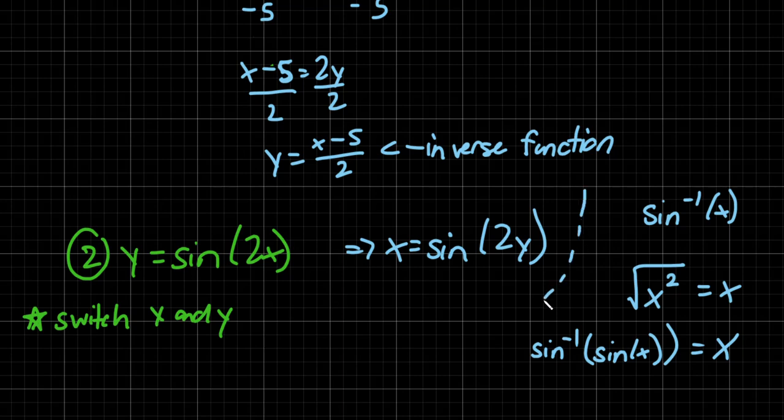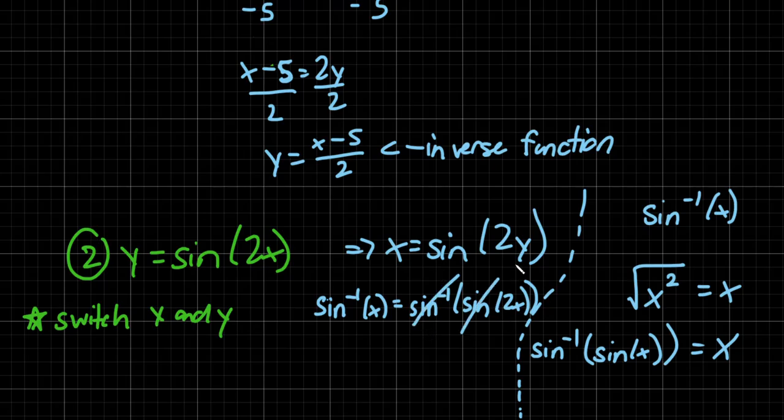That is just work on the side. So, inverse. I have to do it to both sides. So I have the inverse of sine of x equals inverse of sine times sine of 2x. Kenny, what happens to these two signs? They cancel out. Like so.